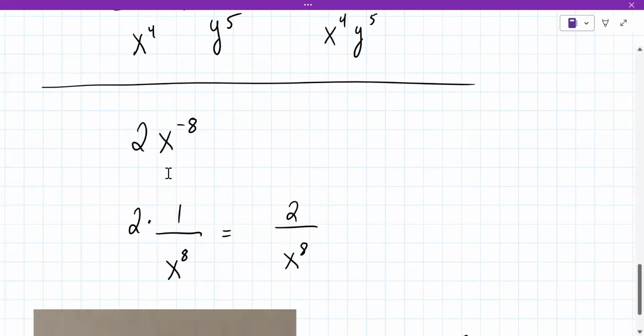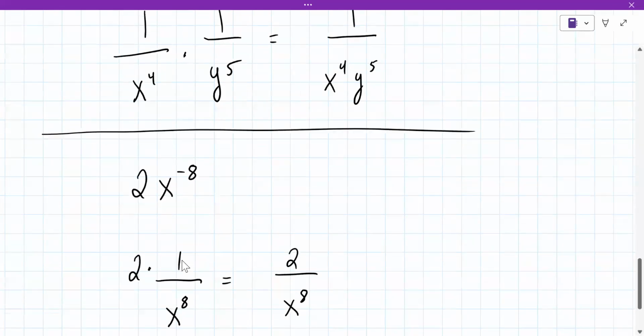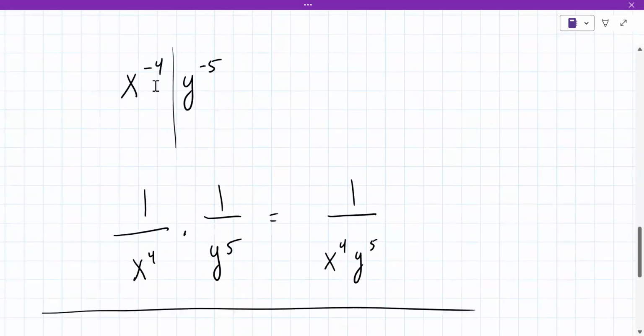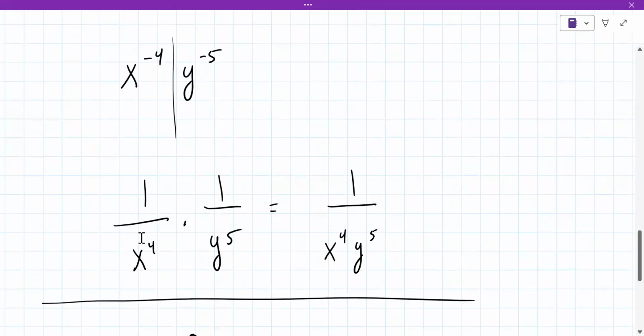What did x to the minus 8 become? 1 over x to the 8th. Okay. What did x to the minus 4 become? 1 over x to the 4th. Right. How about y to the minus 5th? What did it become? Y to the 5th.